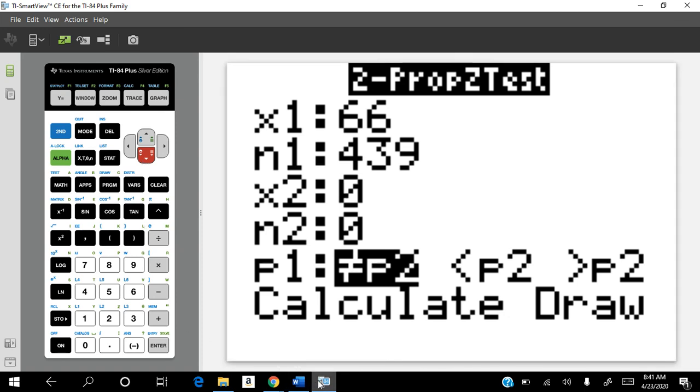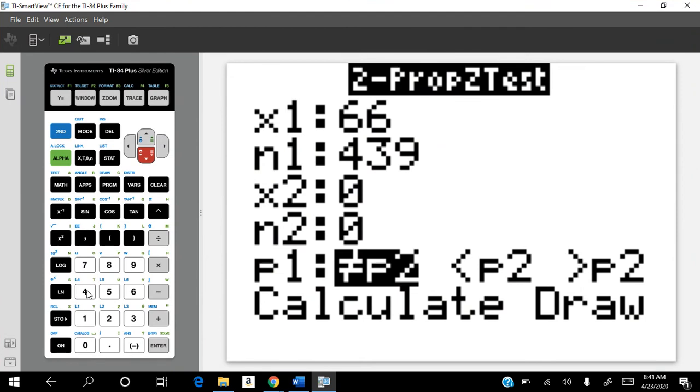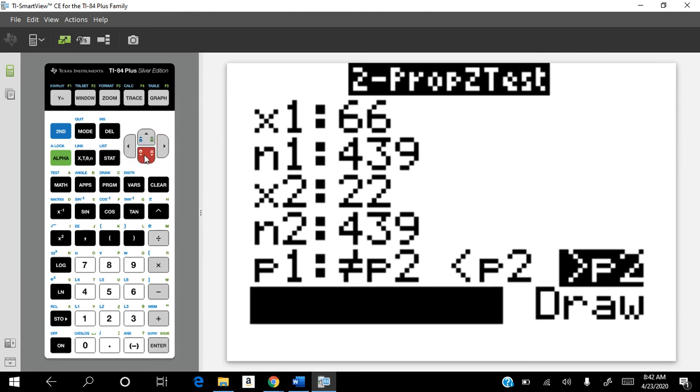All right, x2 is our successes for the second group, 21.95. So we're going to round that to 22. And we have 439 here. And our alternative hypothesis was saying greater than. So I'm going to highlight greater than. Press enter. I'm going to press calculate and get the p-value.